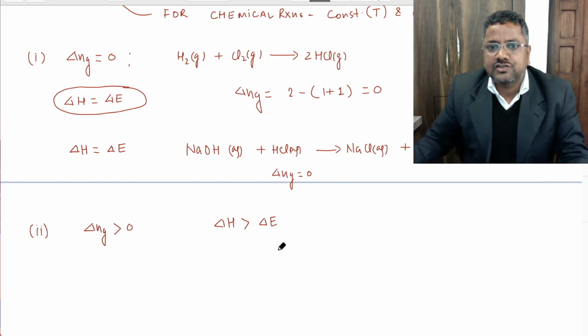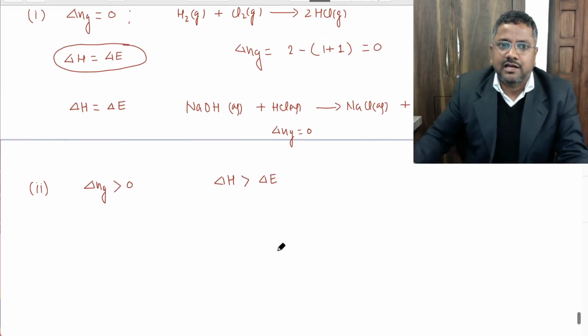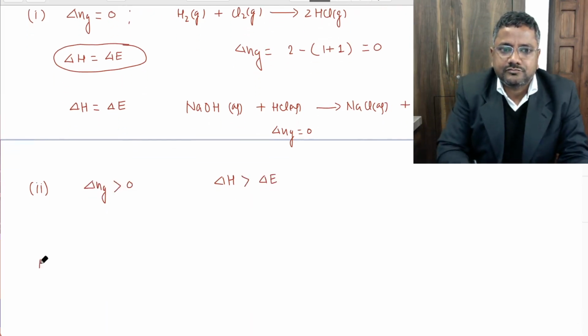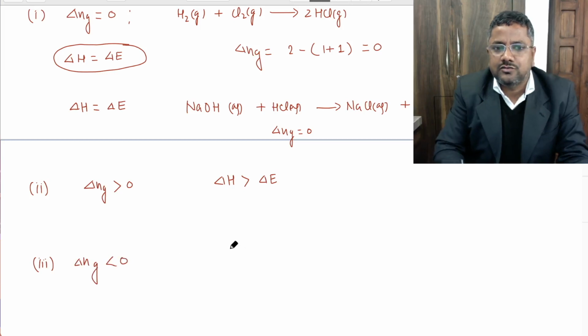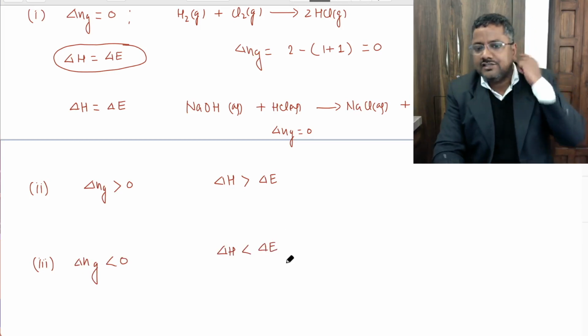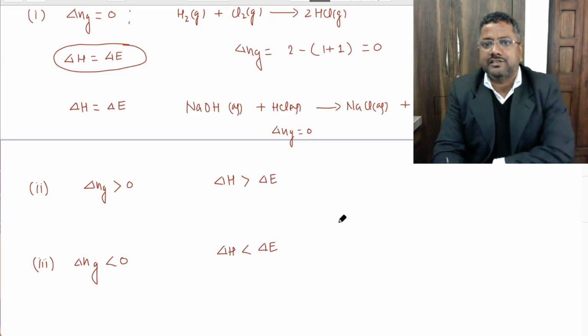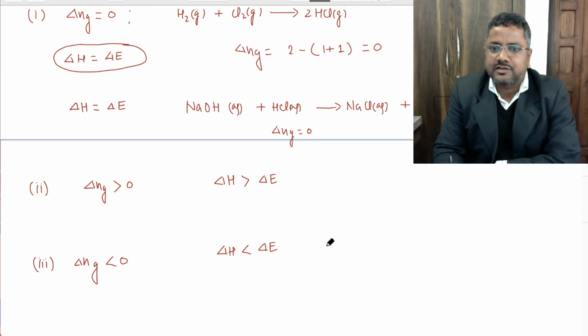And if delta Ng is less than 0, then delta H is less than delta E. So delta H and delta E for any reaction may be equal and may not be equal.